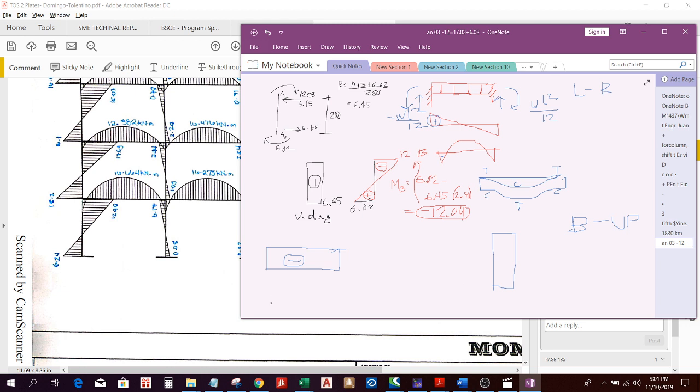Therefore, in your column, that means it's going to the left. That is positive. Going down, negative area. Going up, positive area. So that's it. Going up, positive area.